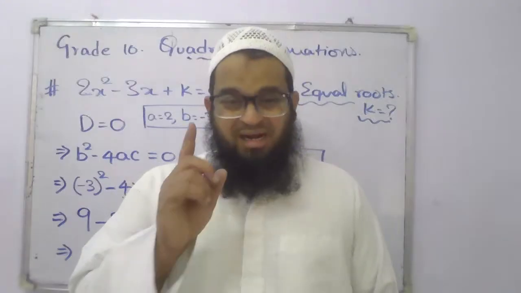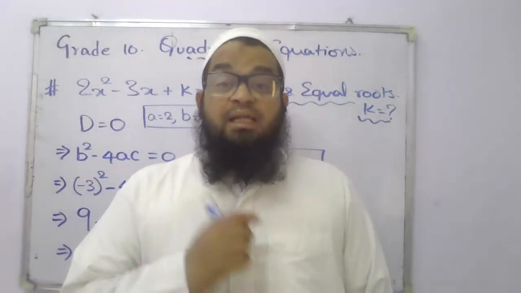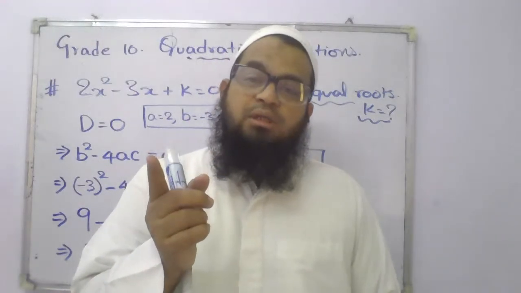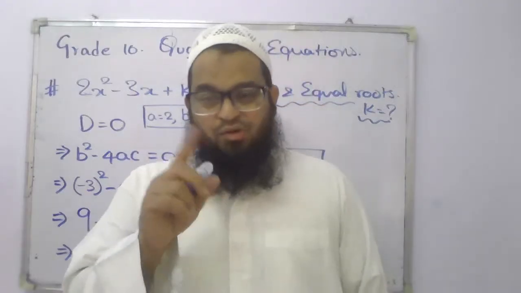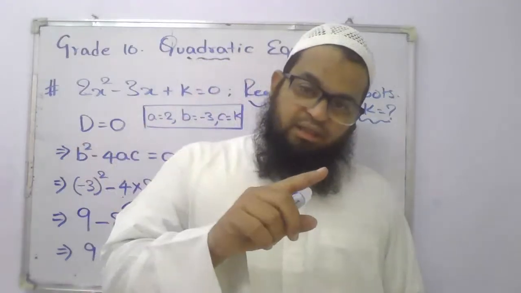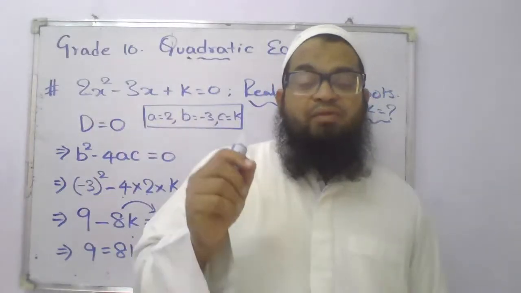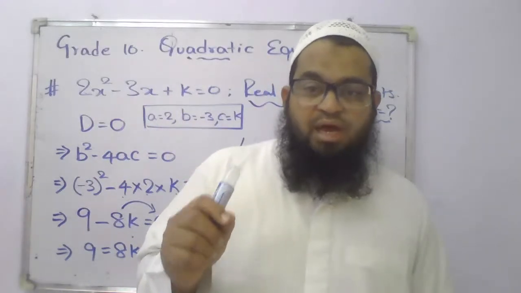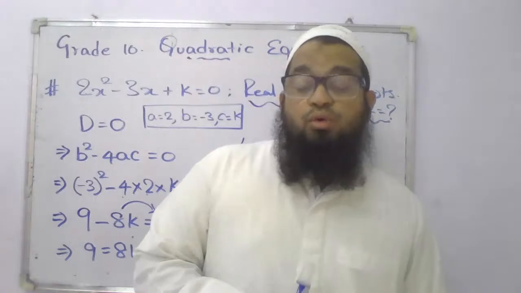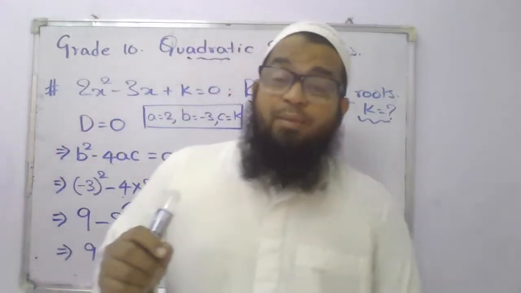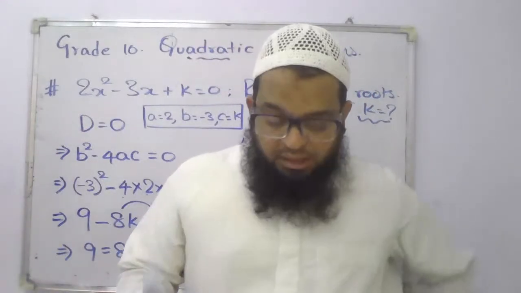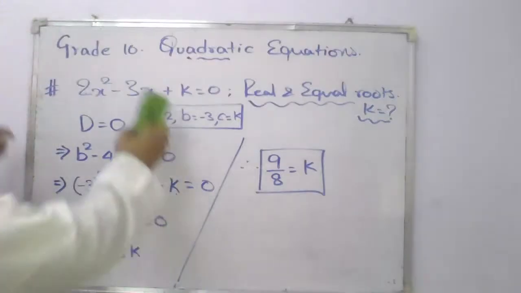In linear equations in two variables, they will talk about whether the equations are parallel, intersecting or coincident. But in quadratic equations, whenever they ask you to find the value of k, they will inform you about the nature of the roots. Understood, my dear students? Good.